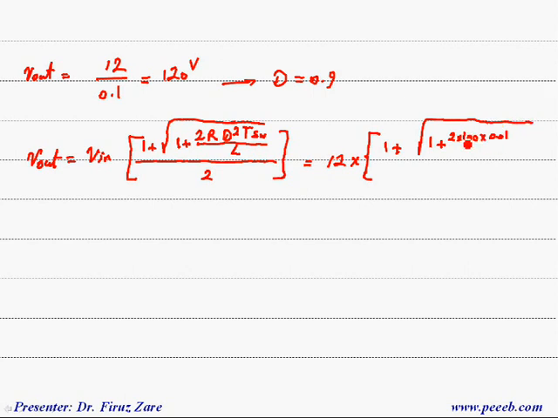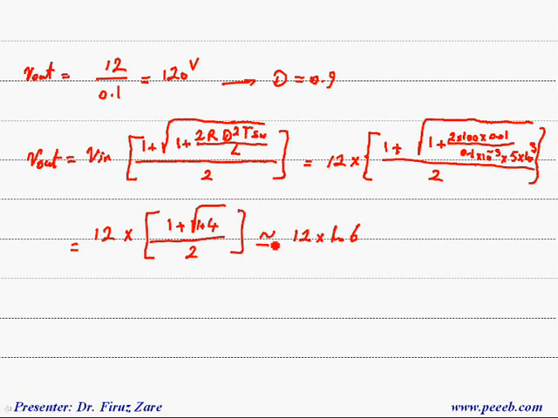So divided by L, which is basically 0.1 millihenry, times the switching frequency, which is 5 kilohertz)) over 2. So when we simplify this term, approximately 12 times 1.6, which is 19.41 volt.